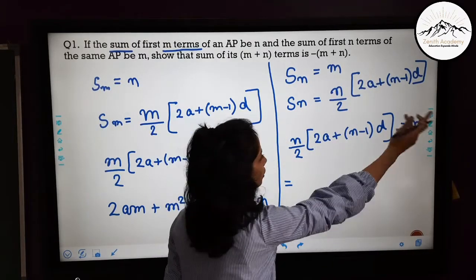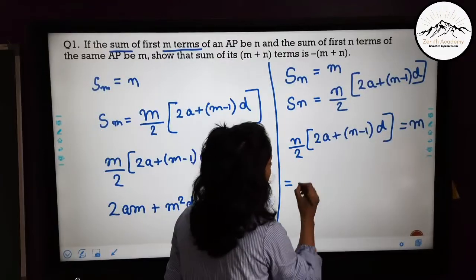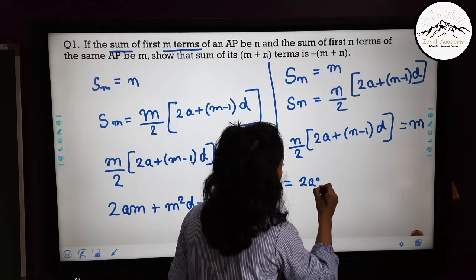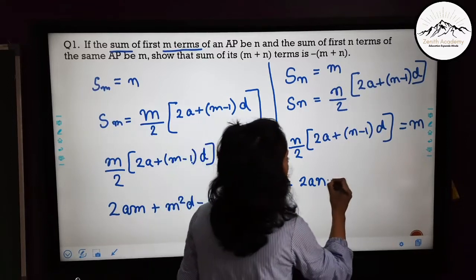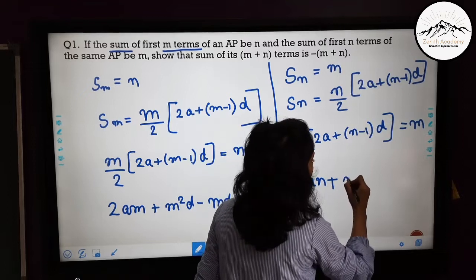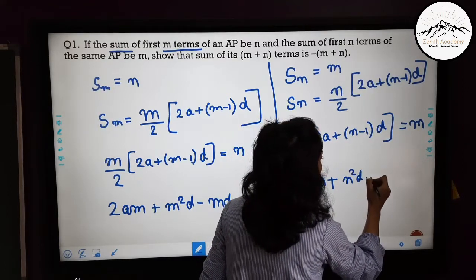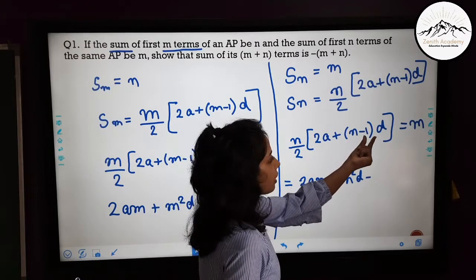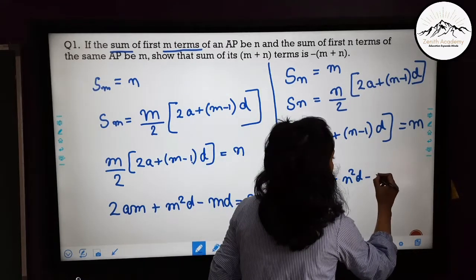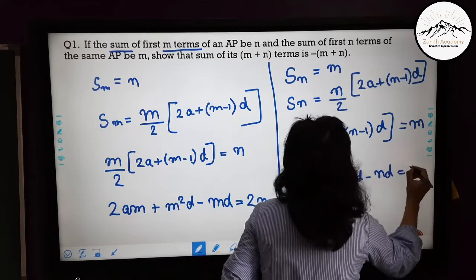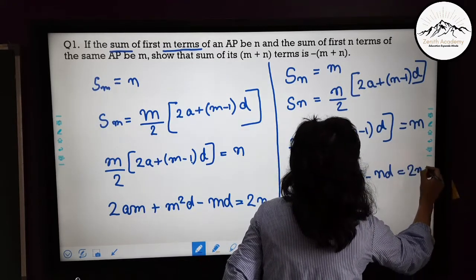Multiplying n and shifting 2 to the other side, what we'll get? 2 into a into n will give us 2an, plus n into d will give us n square d, minus n into minus 1 into d will give us minus nd, is equal to 2m, because we have shifted 2 here.